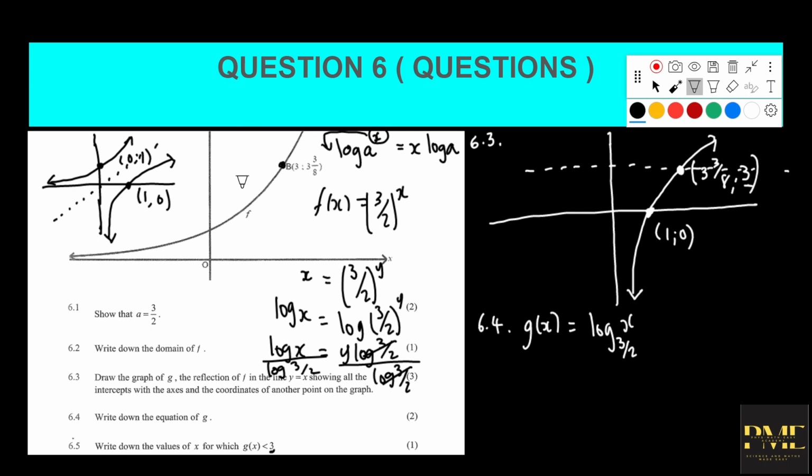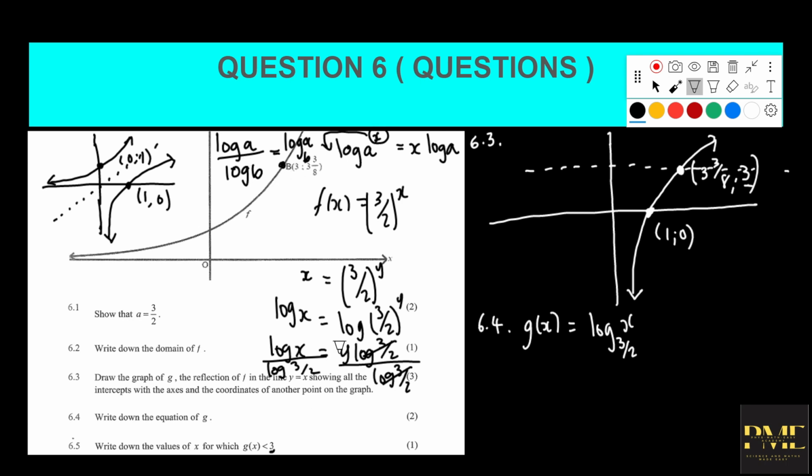There's another law of logs that says if you have log a divided by log b, you can write it in the form log a base b. So in other words, you take this b and make it the base and put it at the bottom of the log. You can do that.